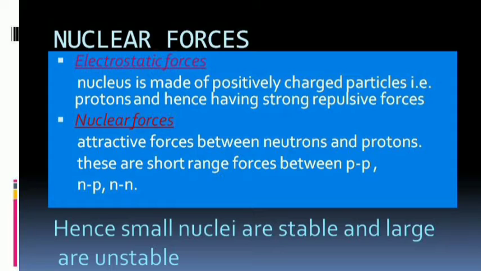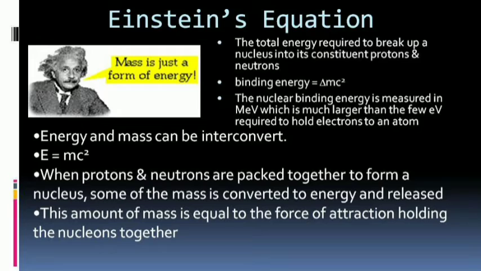These are short-range forces that attract proton to proton, proton to neutron, and neutron to neutron. So basically one is the repulsive electrostatic force, and the other is the attractive nuclear force. Nuclei are stable if they are smaller in size, and as the size increases, the instability of nuclei increases.